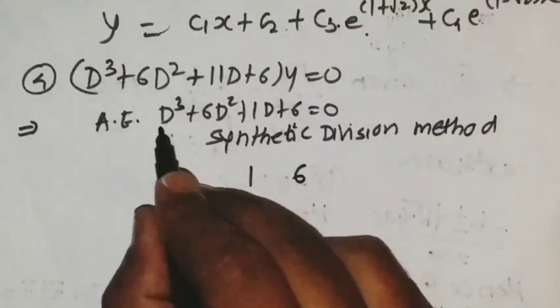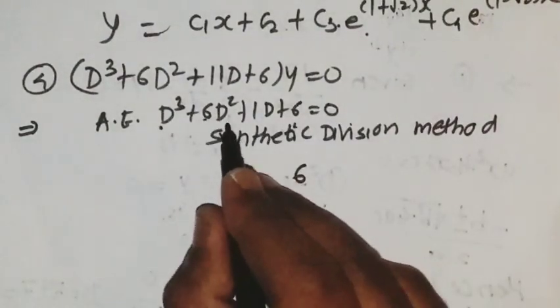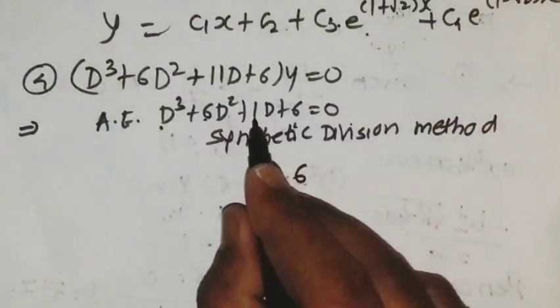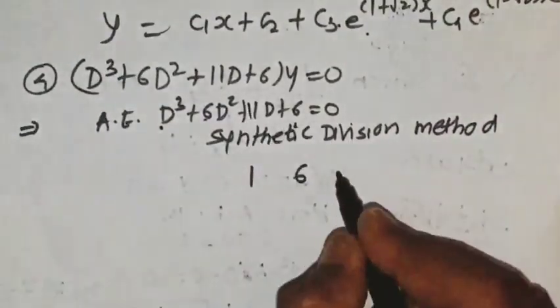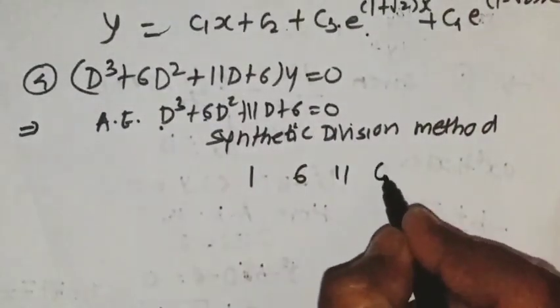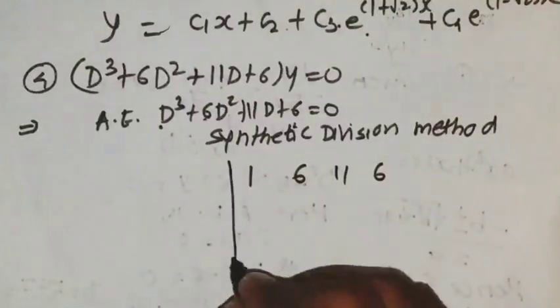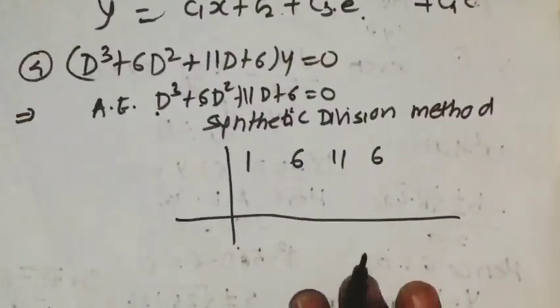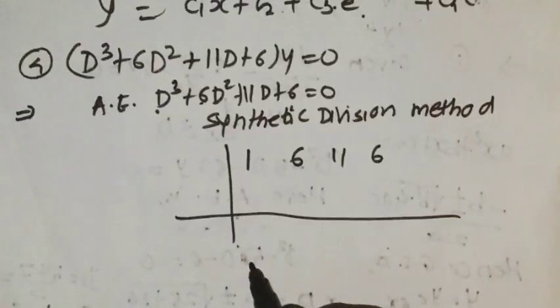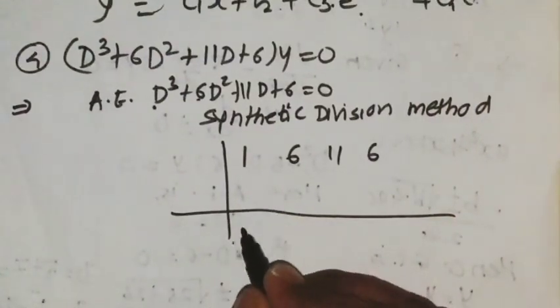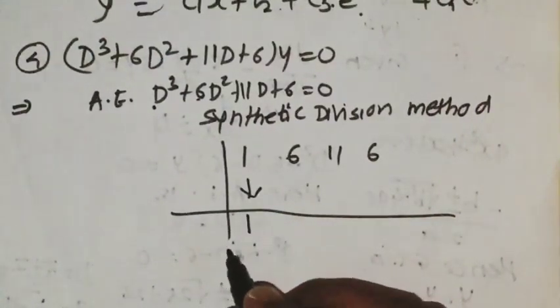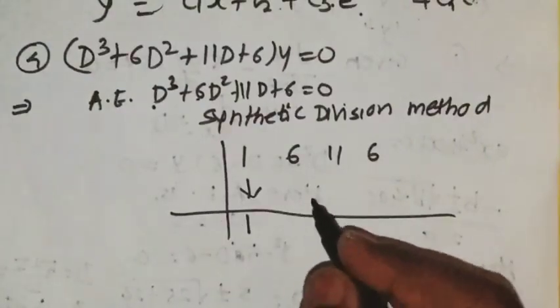The coefficient of the highest degree term is 1, the next is plus 6, then plus 11, and the constant term is 6. Okay, after that we draw two lines in this way, then we take the 1 here as it is, then we have to guess the roots.